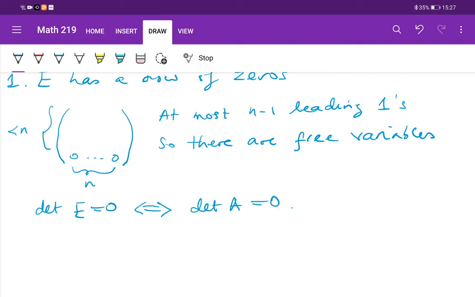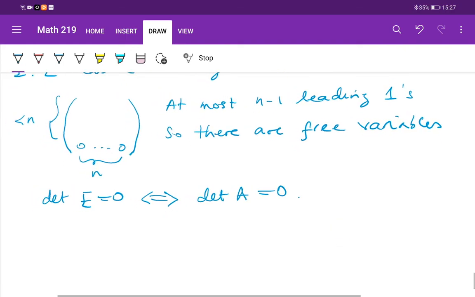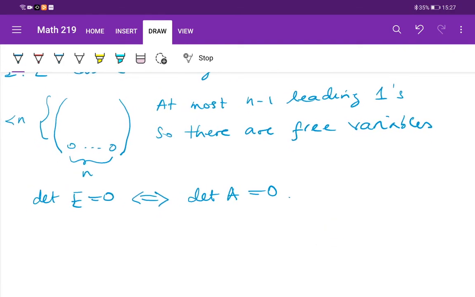And when you have free variables, as we saw in the second example, we either have infinitely many solutions or no solutions. The case of no solutions corresponds to the system being inconsistent.